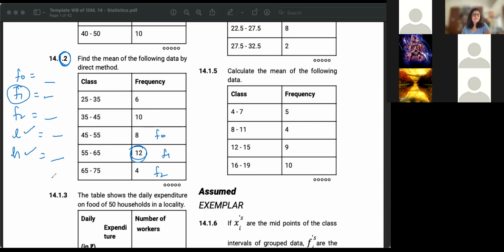When you start the question, because all of these depend on the modal class, start off with modal class equal to 55 to 65. Then all the rest of the things follow.